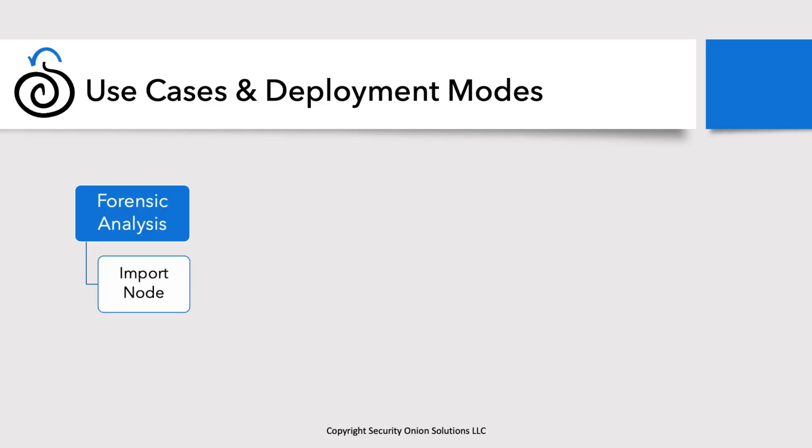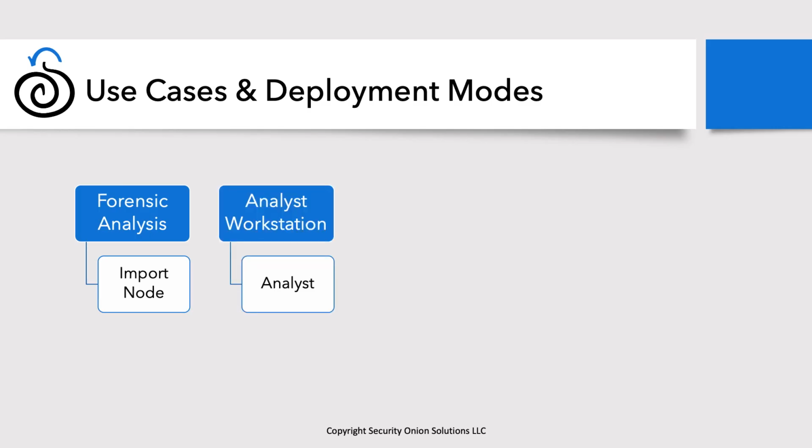If you want to stand up a small virtual machine and run some forensic analysis using PCAPs or other types of logs that you have, that would be an import node, and we support that. You can easily import that packet capture, and all the network tools and everything related to it will generate alerts. Zeek will generate the data based on that packet capture. All right, so that is an import node.